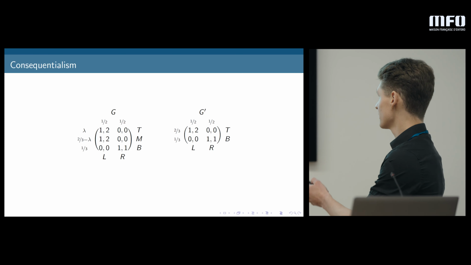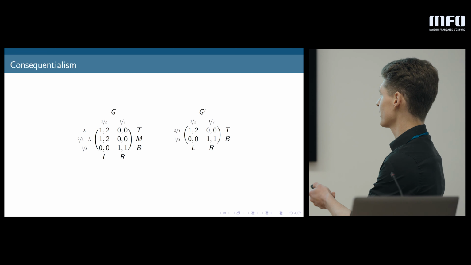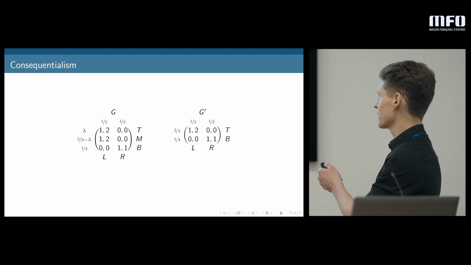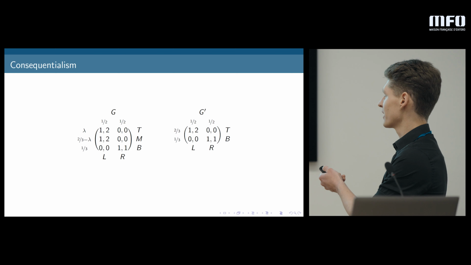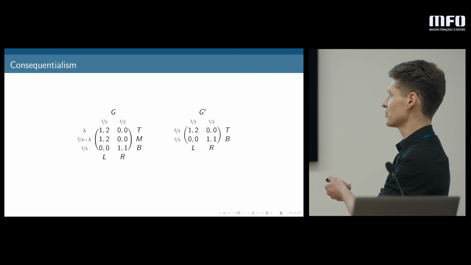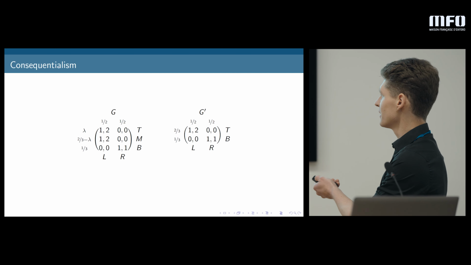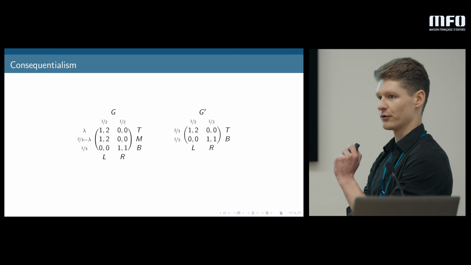So it says that suppose this strategy profile here, for example, is returned for the game G prime, then if we introduce a clone of the top action, then any strategy profile where the column player plays the same strategy and the probability of the bottom action for the row player is the same, has to be returned in the game G. So in other words, if you introduce a clone, then the probabilities on the non-clone actions don't change, and probability can be distributed arbitrarily over the clones.